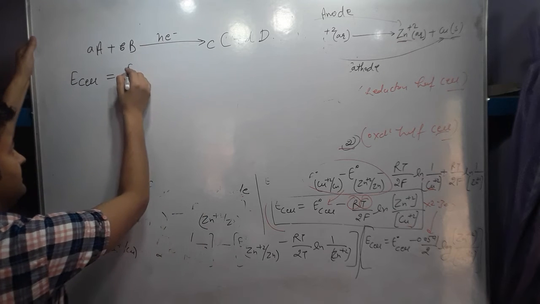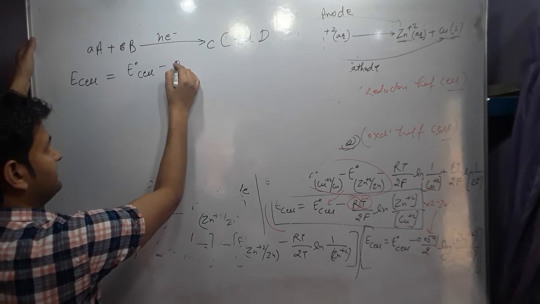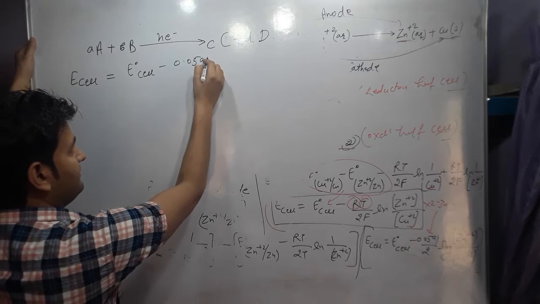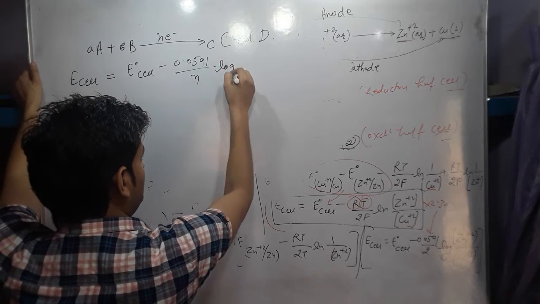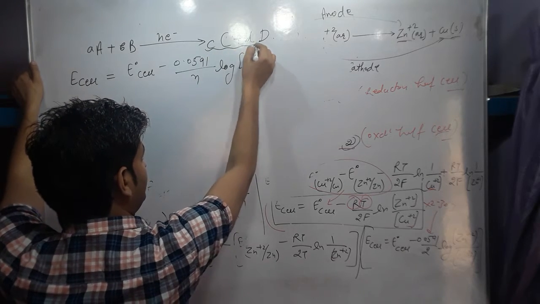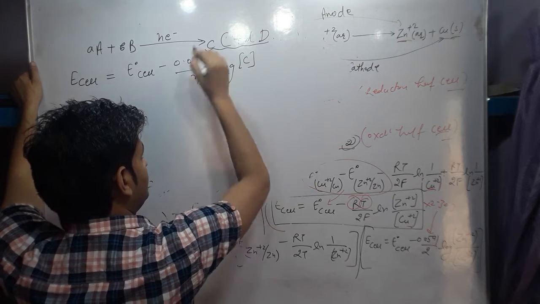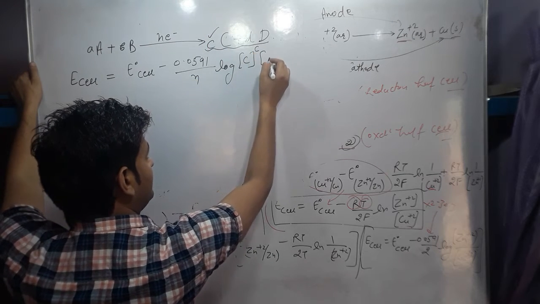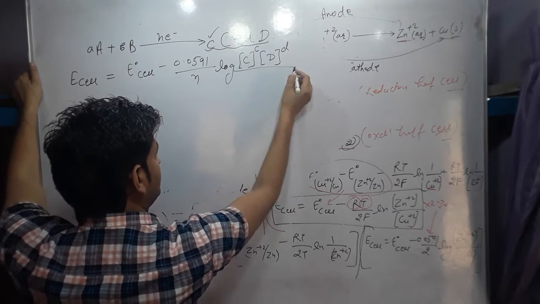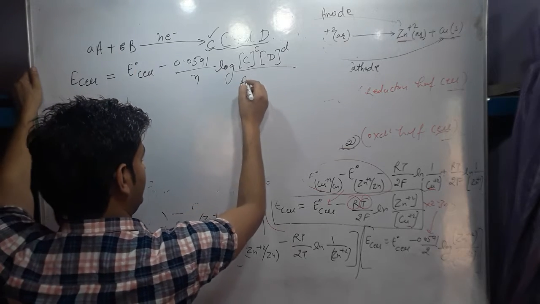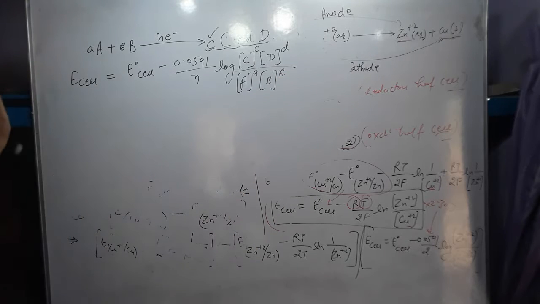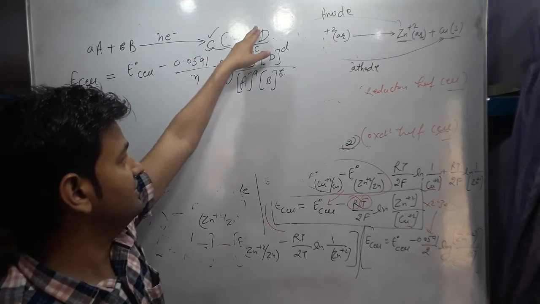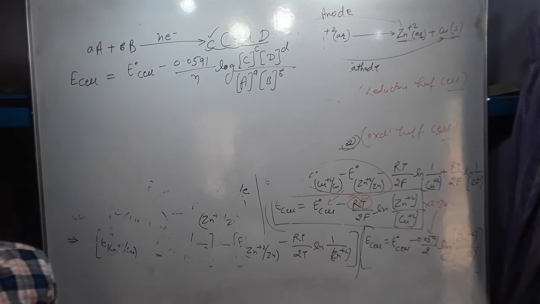It will be E naught of the cell minus 0.0591 over n, because n electrons are involved, into log of the concentration of the product side. The product side is C, the stoichiometric coefficient is small c, and it is D, the stoichiometric coefficient is small d. And we write here A, the stoichiometric coefficient is a, and in case of B it is b. So we can calculate the EMF of the cell for a general equation which is given in the questions.